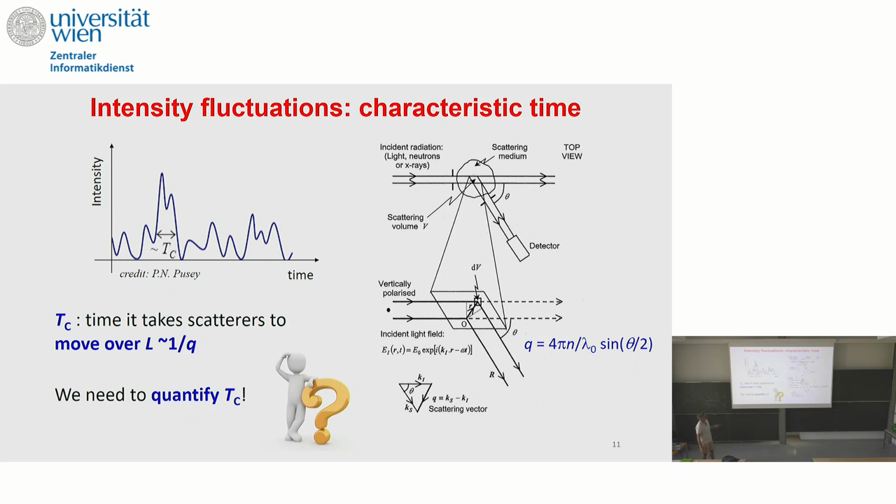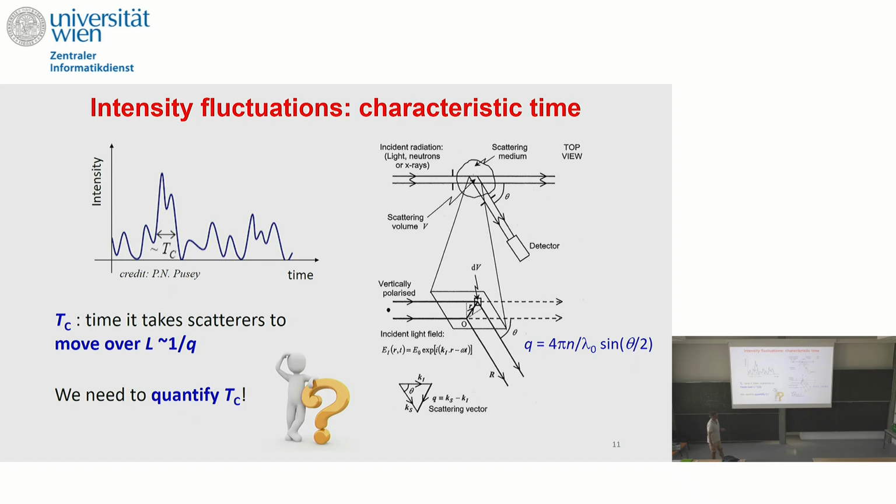You are working with a source that has a wavelength lambda naught. And then you can calculate this q vector in this way. The magnitude of the q vector is 4 pi n, where n is the refractive index of the solvent, for example, water, n would be 1.33, divided by lambda naught, and then you have the sine of half of the scattering angle.